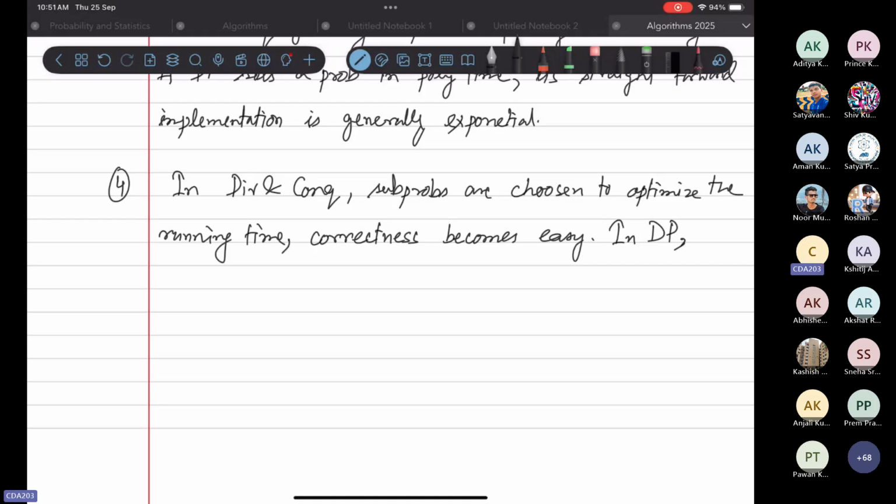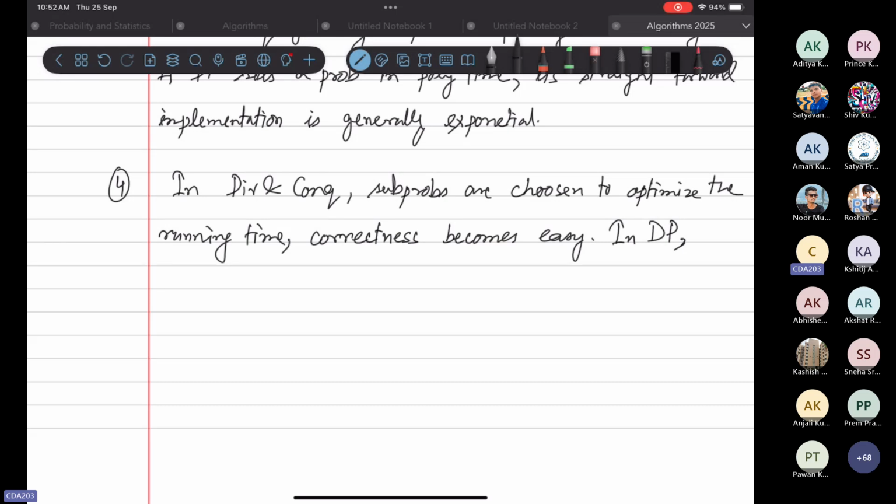If that's the solution, where can this solution come from? Either it contains that element or doesn't contain that element, right? So we are designing our subproblems thinking of the correctness of the process itself.